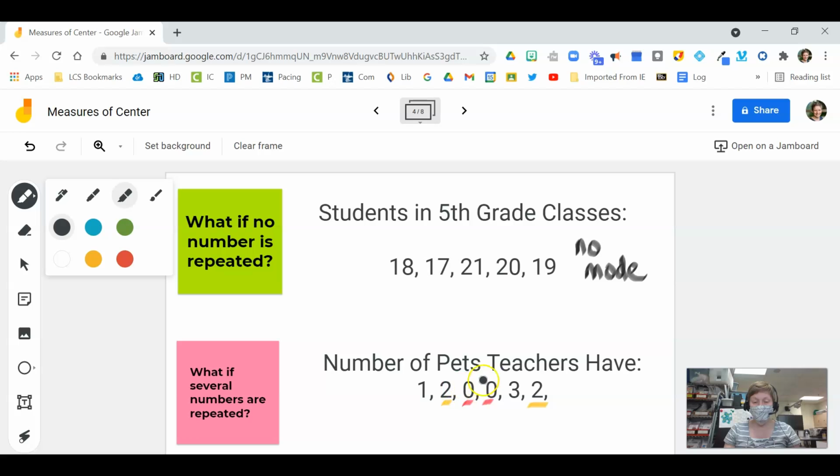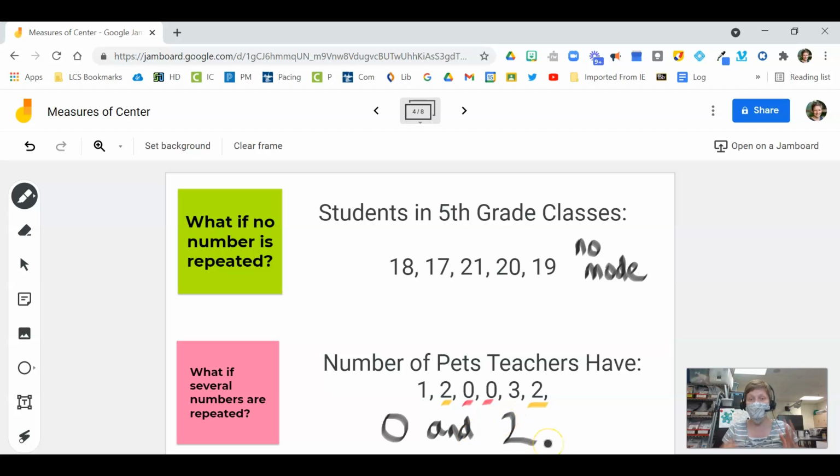In this case, the mode is 0 and 2. Both of those are the modes. It could be possible to have 3 modes or 4 modes. You can have lots and lots of modes, but it has to be the number that shows up the most.